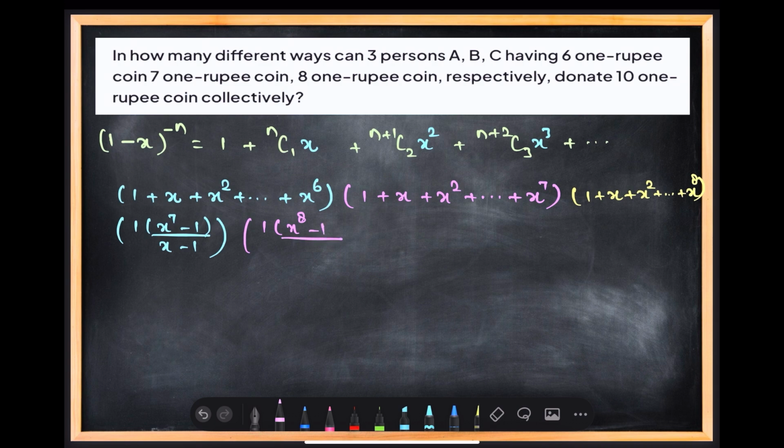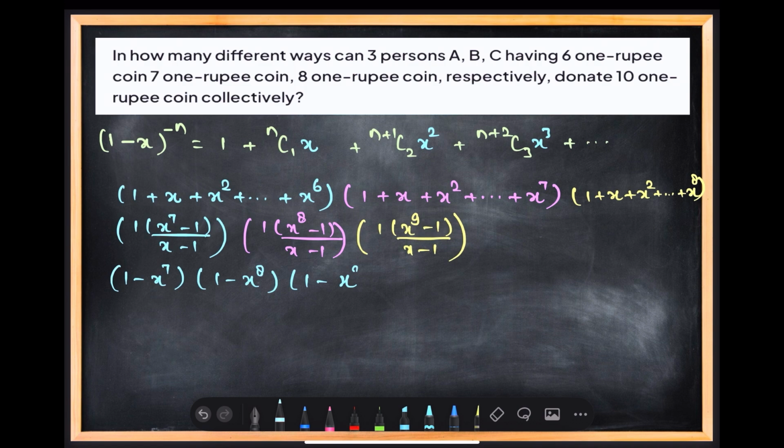Then we have the third element, which is having 9 terms, by (r minus 1). Now I will take minus common from everywhere and substitute those things. So it is (1 minus x power 7), (1 minus x power 8), (1 minus x power 9), and then (1 minus x) to the power minus 3.